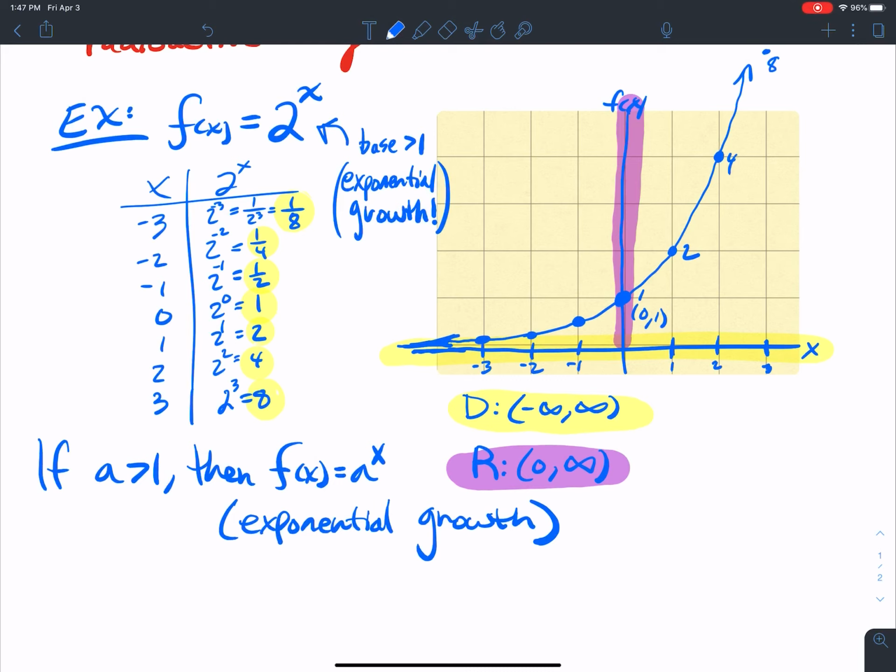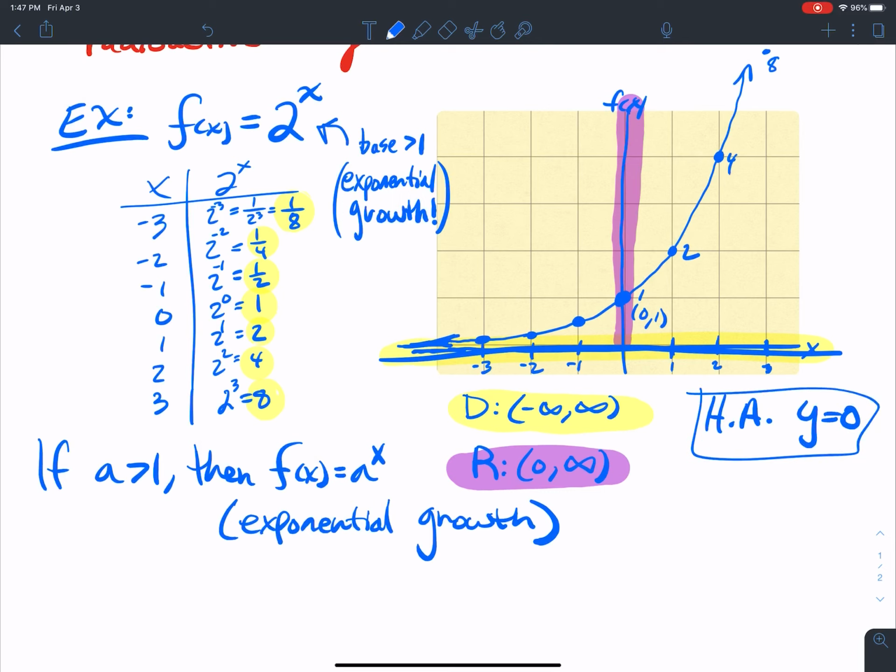All right, more of a logistic curve. So we've talked about exponential growth, and we have a horizontal asymptote here. The horizontal asymptote is y equal to 0.